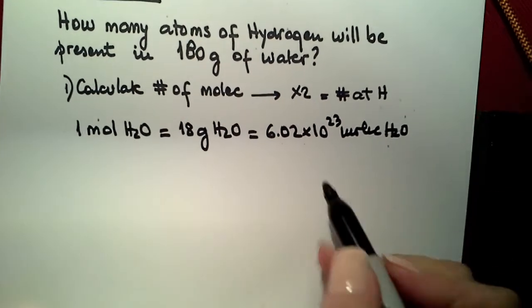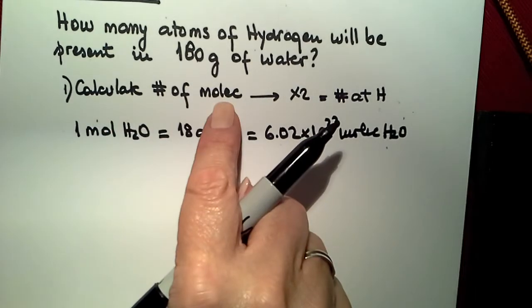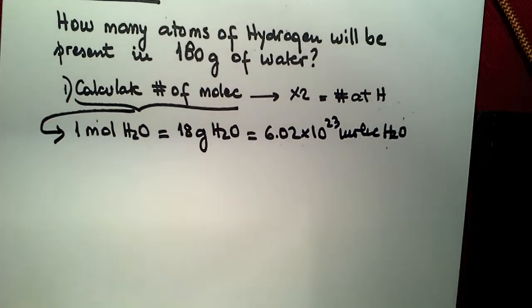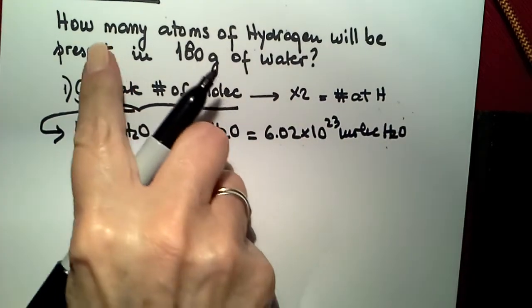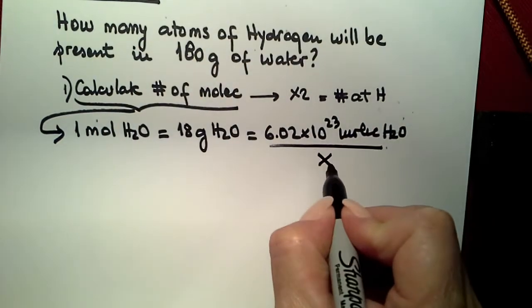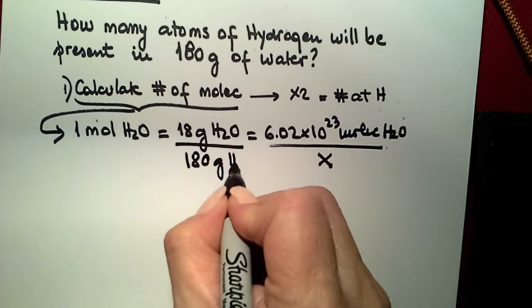But let's do it in two steps. First we calculate the number of molecules of water, and then we are going to multiply by 2. It says how many atoms. I'm going to calculate first how many molecules are in 180 grams of water.